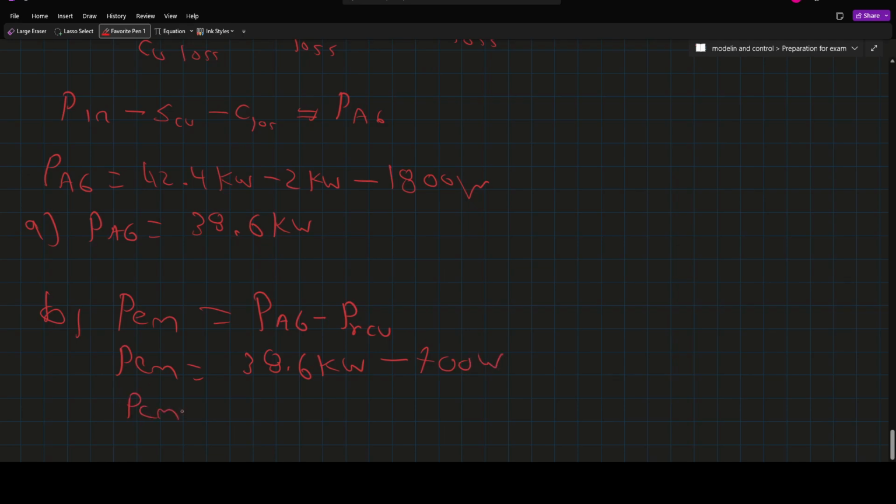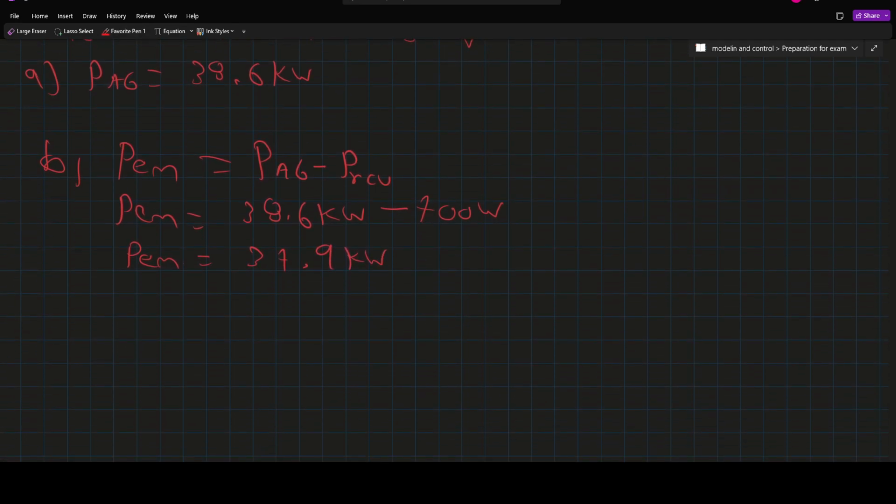So like this we get 38.6 kilowatts minus 700, that's 37.9 kilowatts.